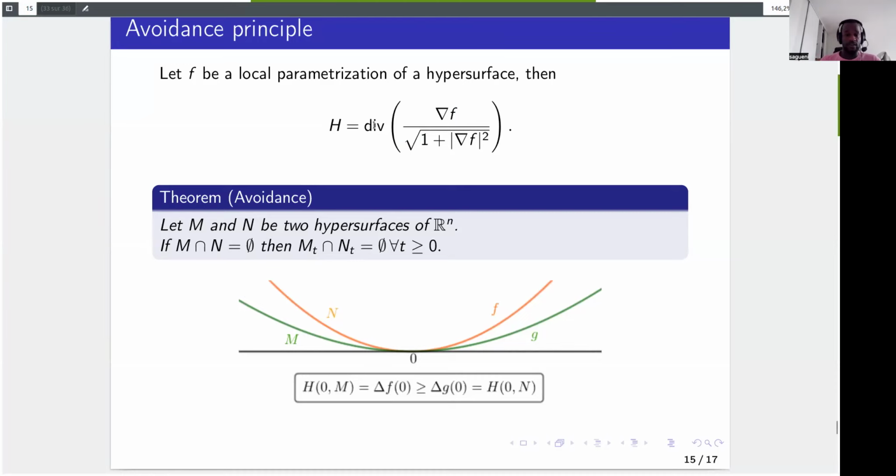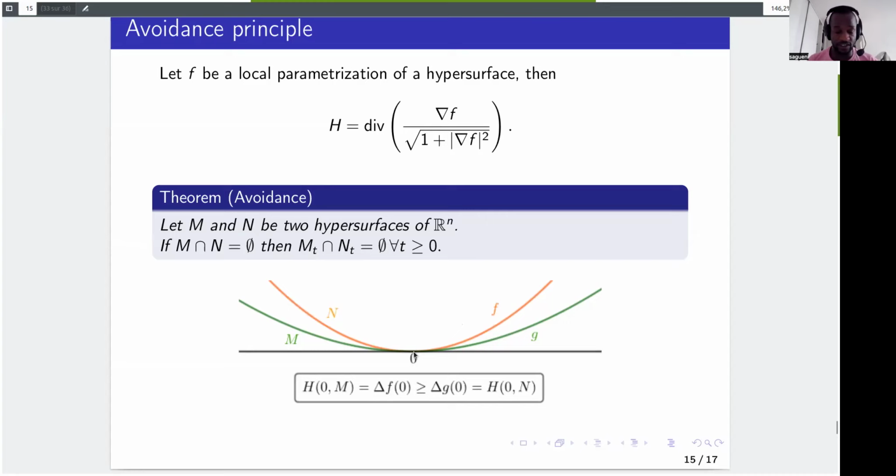So we have H equal to the Laplacian, and the same for G, which is equal to the mean curvature of the manifold N. And we have this inequality: if F is above G, the Laplacian of F is greater than or equal to the Laplacian of G. So these observations allow us to prove this principle.